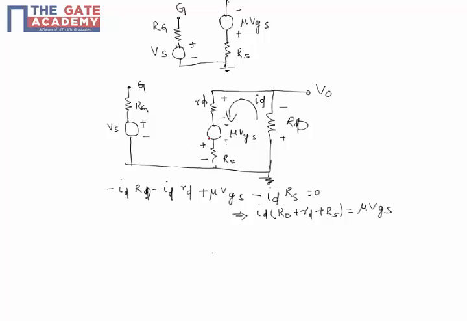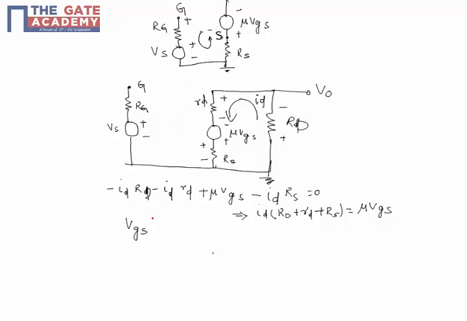Next, you see here, this is a terminal of S, right? So now I'll take this as a plus and I'll take this S as a minus, and then I'll write KVL here. If I write KVL here, since it is open, there will not be any drop here. So this is minus to plus. So this is VGS minus to plus, no drop here.